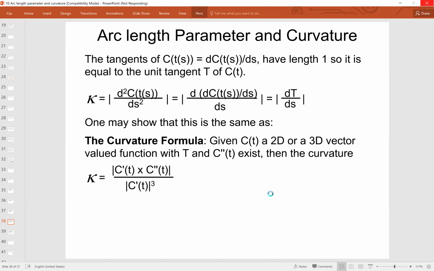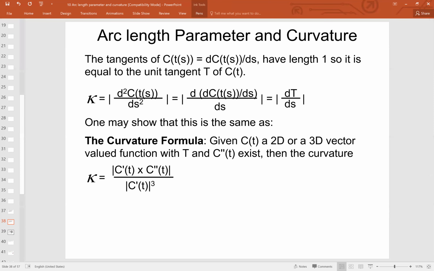It uses cross products and so on, then some algebra, and this comes out. You can find this in any calculus course. That's the algebraic component. That's all I'm going to mention about that.